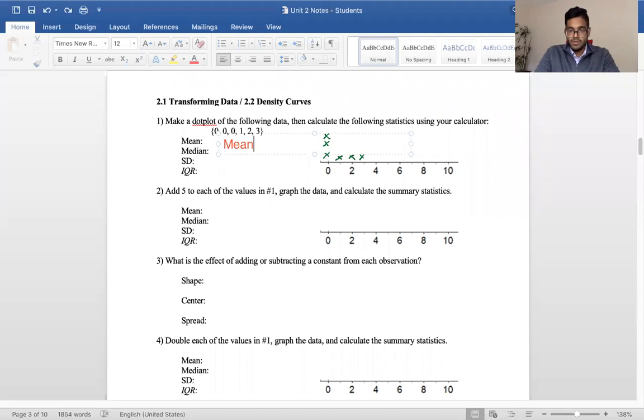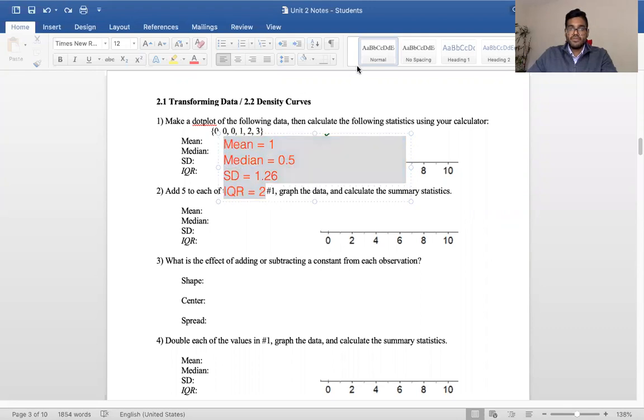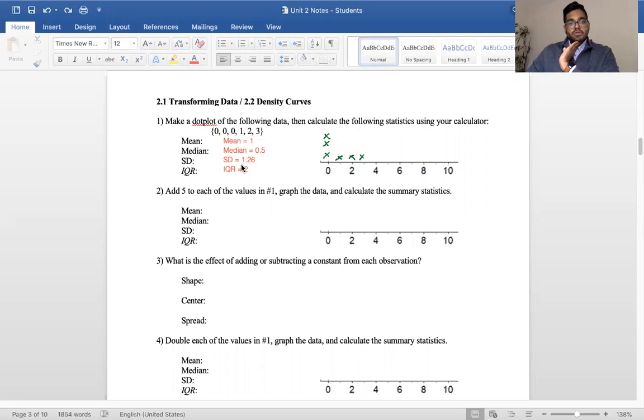So I got the mean was equal to 1, median equal to 0.5, standard deviation equal to 1.26, and I had an IQR equal to 2. So this is the mean, median, standard deviation, IQR for this data set.